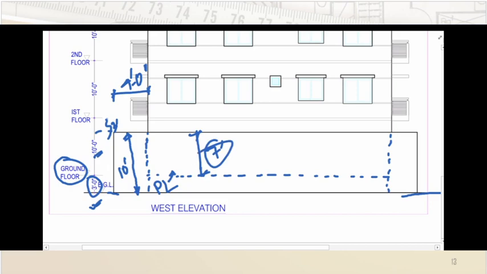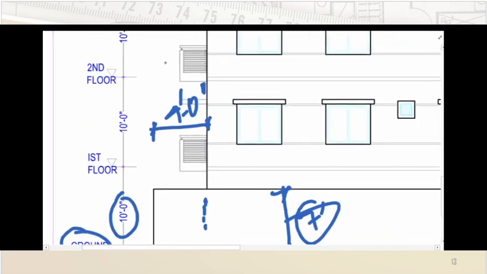However, another thing: if you could notice, this is the start of the plinth level, but up to which point does this 10 feet indicate? If we focus further on this, the dimension is actually representing this line, not the line below this.